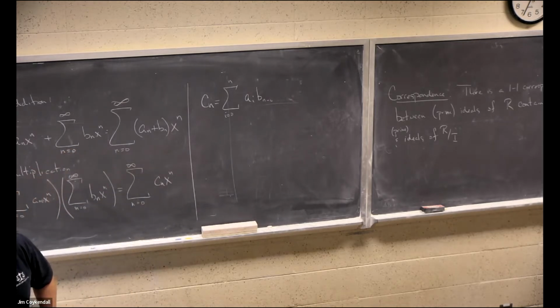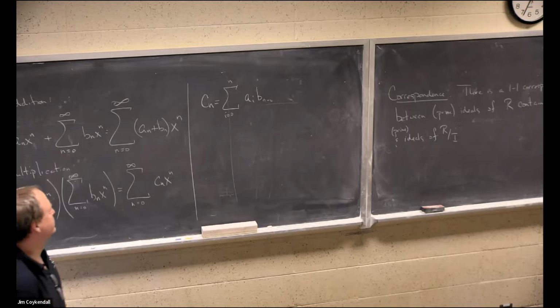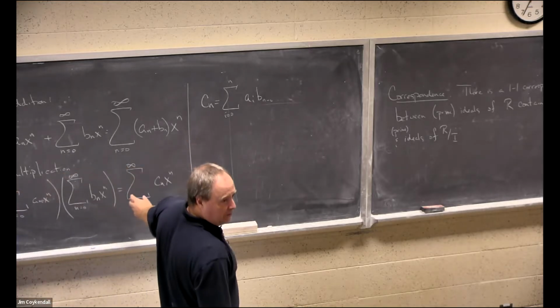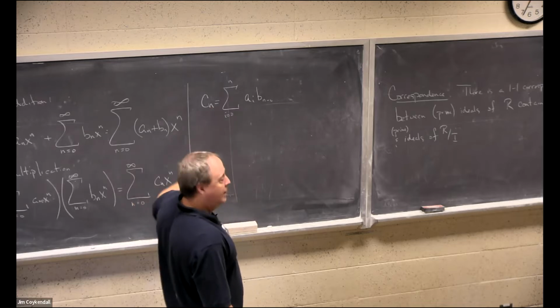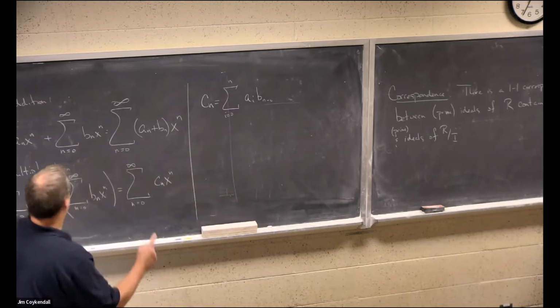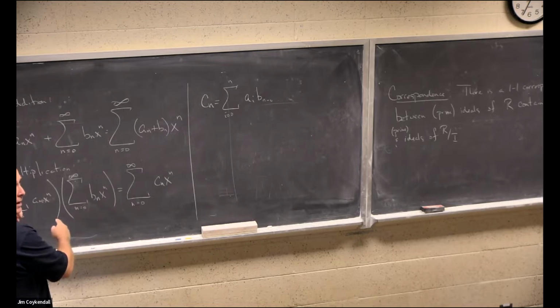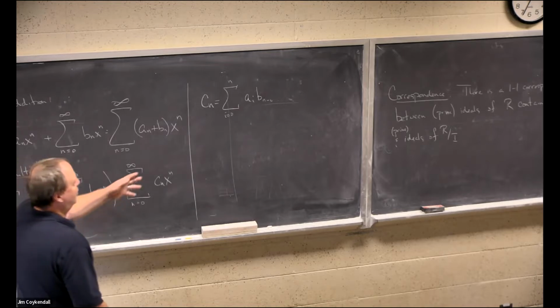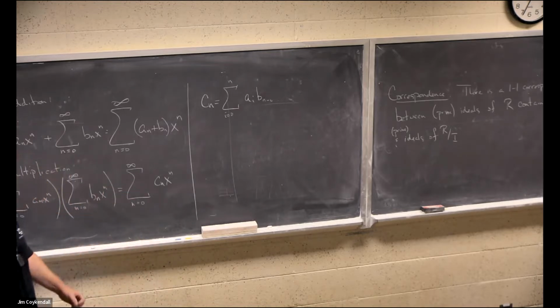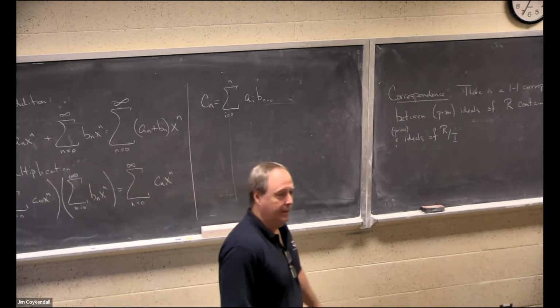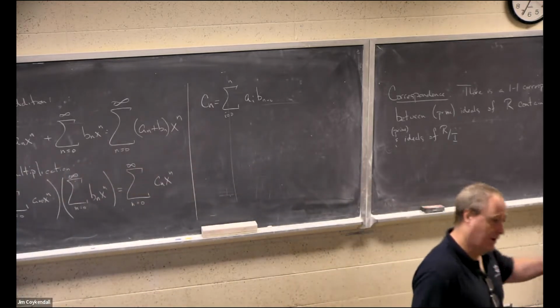So in other words, you do this graded thing. Like c0 is just the product of the two constant terms. c1 will be the linear term, b1 times a0 plus a1 times b0. The square term is more complicated as you go up. But at every step, this is a finite sum, and so it's well defined.